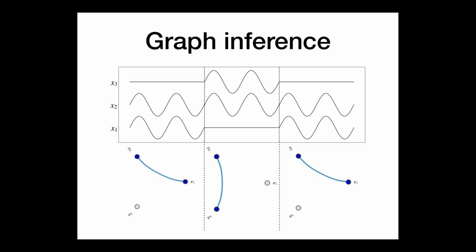So you have a time series, and you want at each time point, and here it gets tricky because the time point should be discrete, and you have a continuous time series. So what we are saying is that a time point is a short period of time. So we are taking as a single time point a short period of time, and we're saying how the variables are connected within this short period of time. And then we want to change the time point and see if the connection changes.